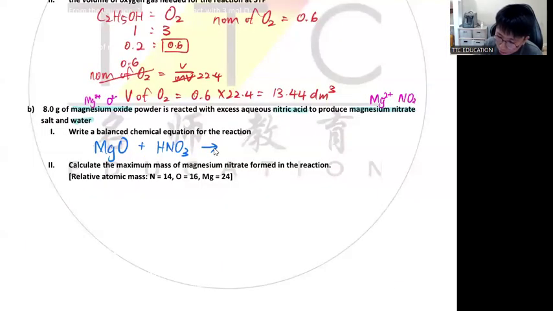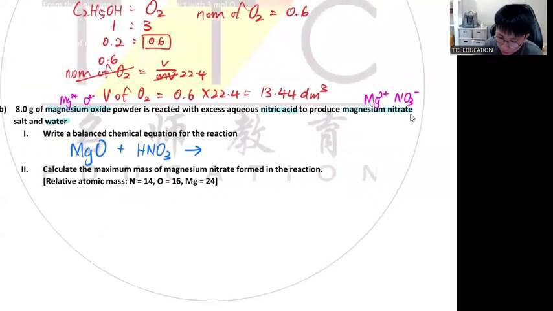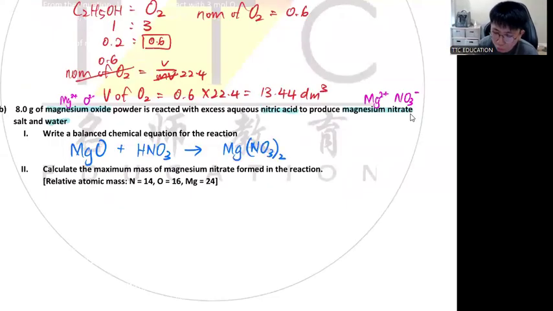If you swap the number of charge, you're supposed to get Mg(NO3)2.